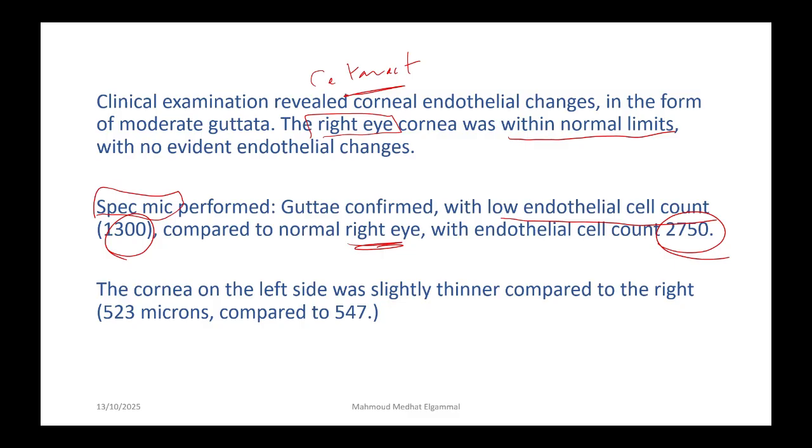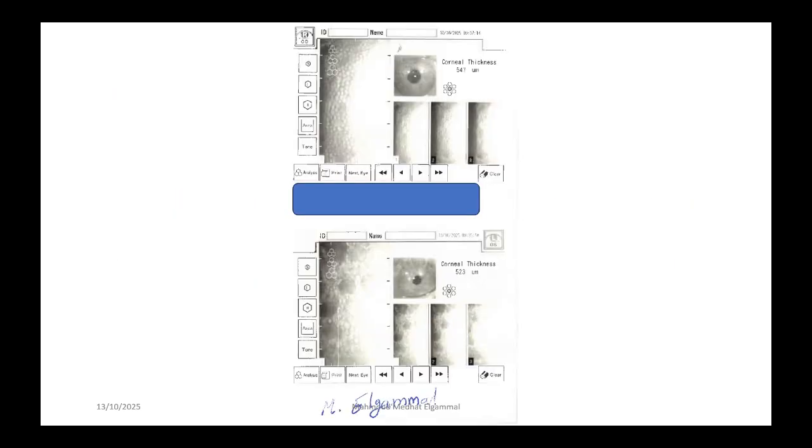The cornea on the left side was slightly thinner, but there was no corneal scarring, no active keratitis, no active limbitis. This is a specular microscopy photo, and as you can see here, there are evident guttata in the left eye, and the right eye looks really within normal limits.